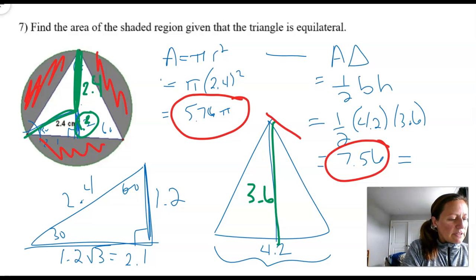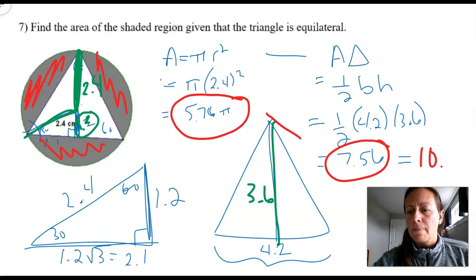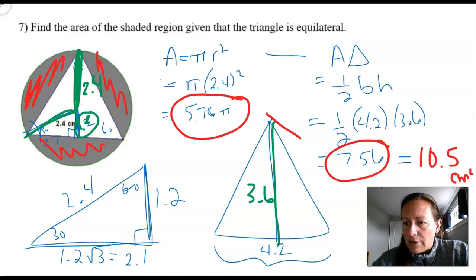So 5.76 times pi minus, that's 18.09, minus 7.56, I'm getting 10.5. And that would be centimeters squared, because this is an area.